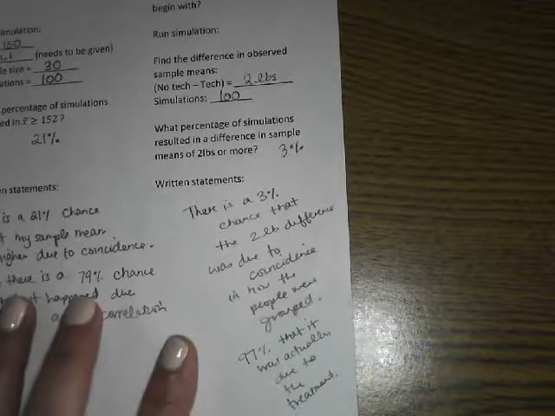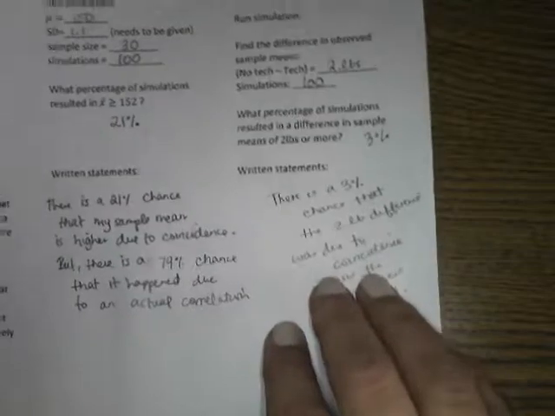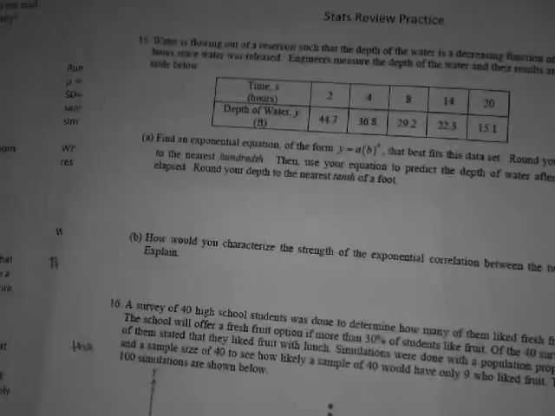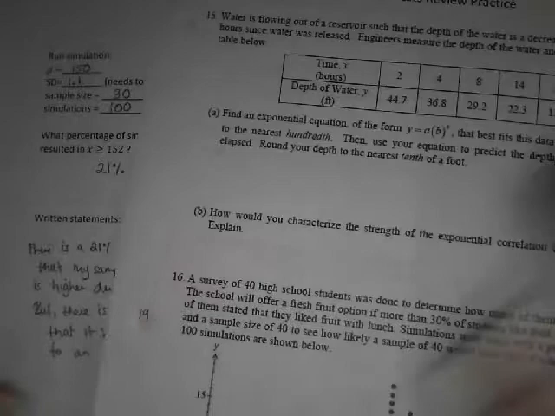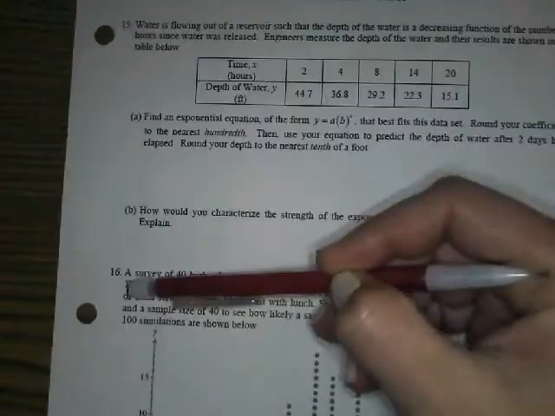Okay? So, online you will find an entire review packet with like 20 questions. Please don't interrupt me. These numbers 15, 16, 17, 18, and 19 are on that review sheet.